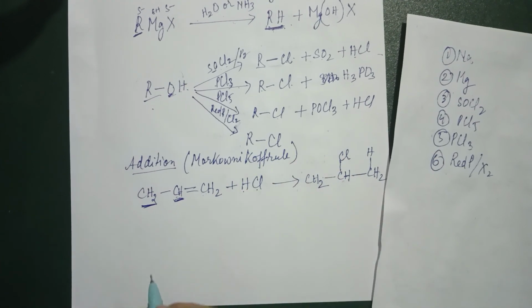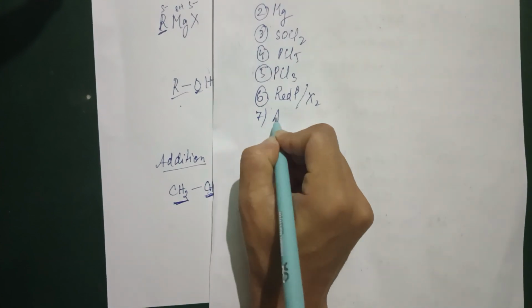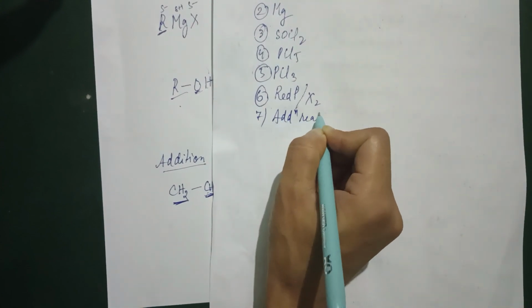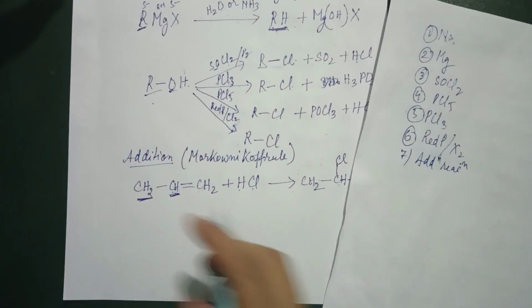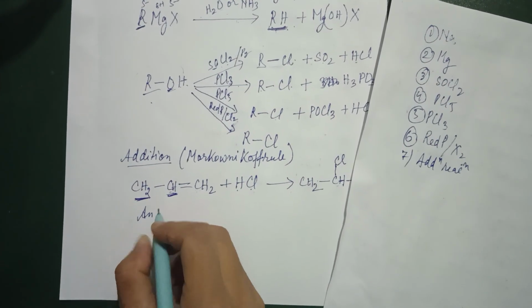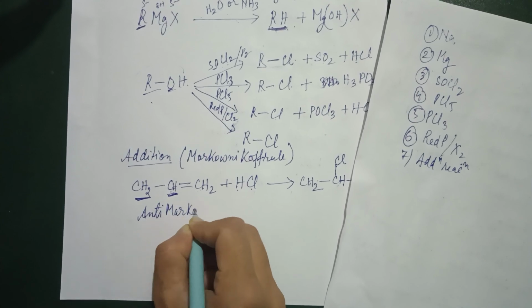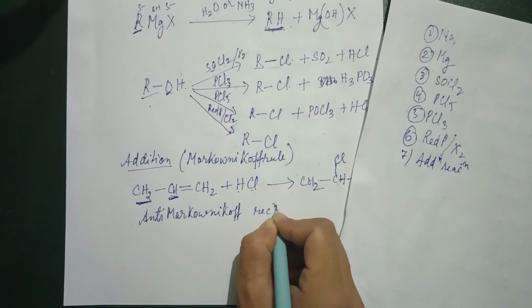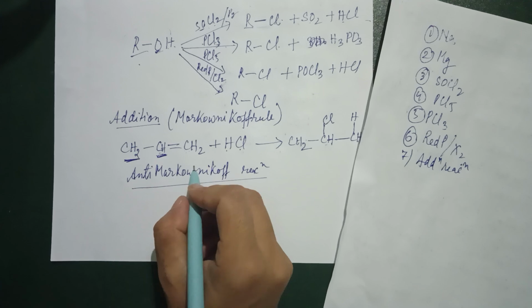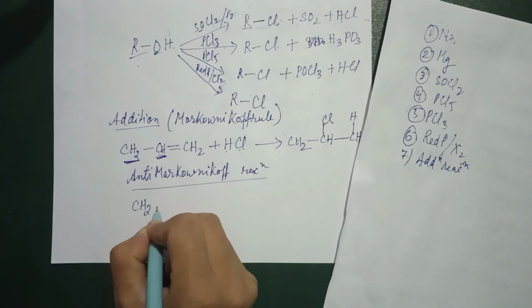Now let's go to the other one, that is anti-Markovnikov or the Kharasch effect. Anti-Markovnikov is also an addition reaction, but it is against the Markovnikov rule.